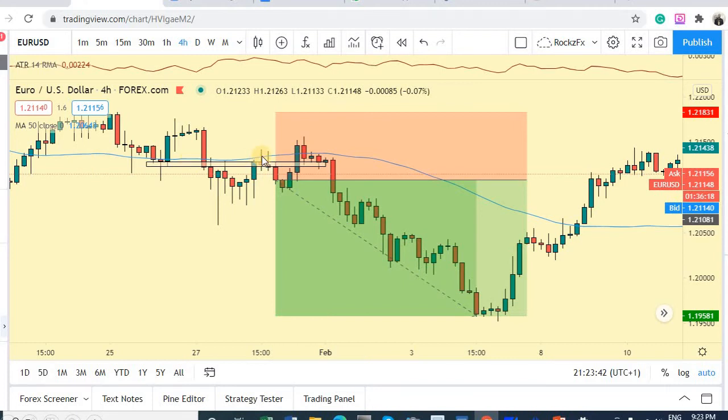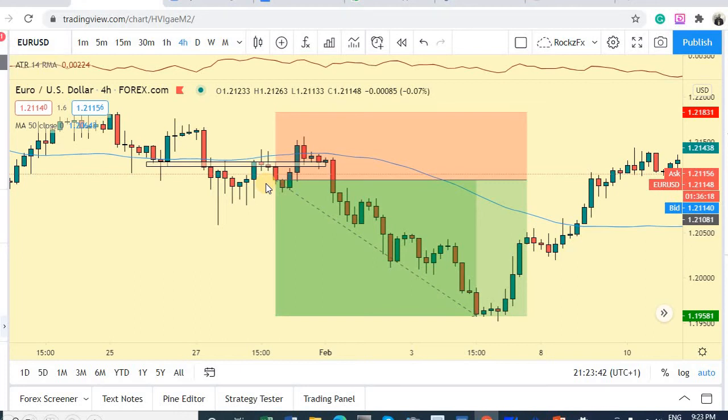That is why you see these wicks. These are signs of rejection. And after we have two rejections, rejecting the level and the moving average, what did we notice? The third candle that formed was a bearish engulfing candle.